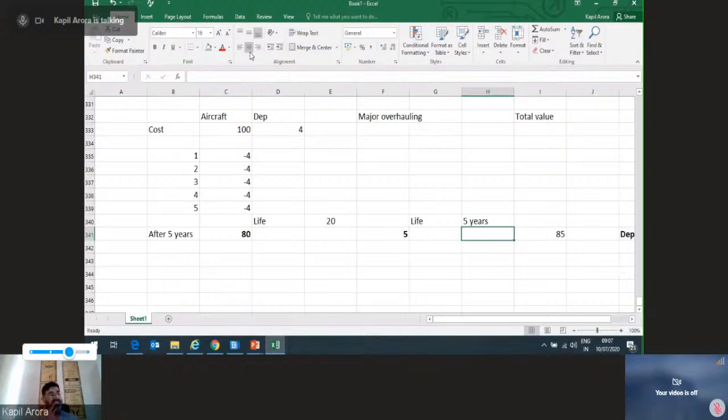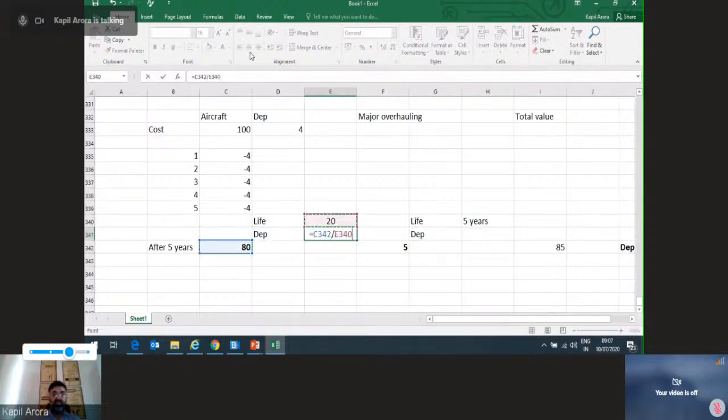When the lives of these two components are separate, for calculation purpose, not for presentation purpose, my depreciation for the aircraft would be 80 divided by 4, whereas depreciation for major overhauling would be 5 divided by the life of the major overhauling.